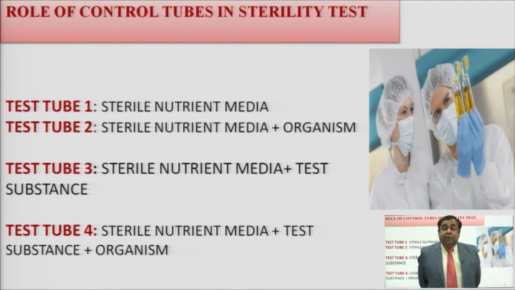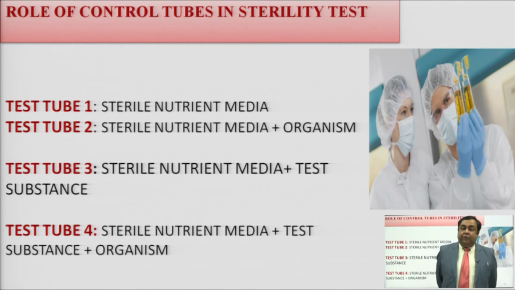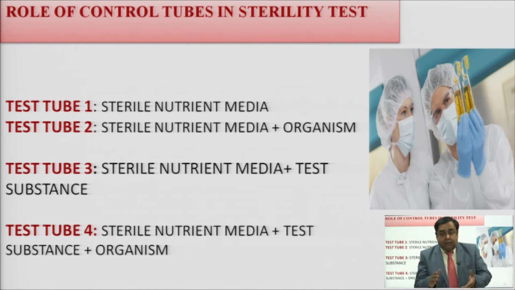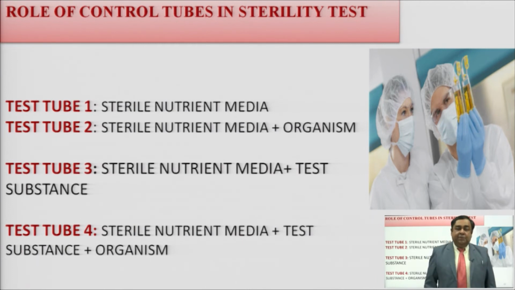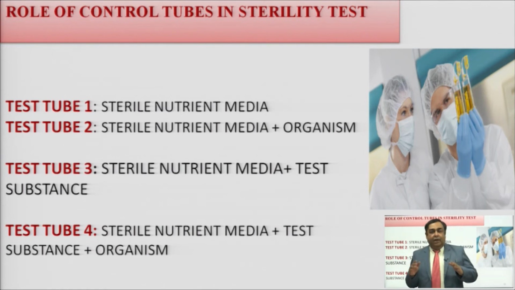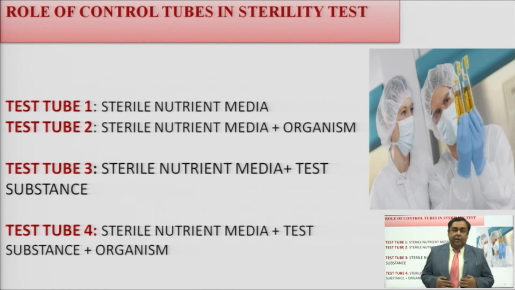What will be the nature in terms of clarity, whether it will be turbid or clear? In all situations, it should be turbid. Why? Because the organism will try to grow in presence of the nutrient media and it will make the media turbid.